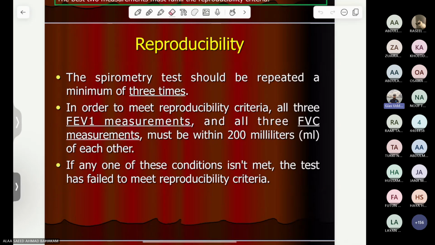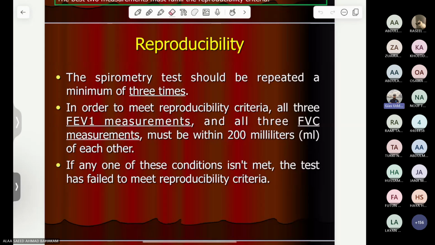And then when we are doing this, we will do it 3 times, repeated a minimum of 3 times. And from these 3 times, it has to be reproducible. How do we know it is reproducible? In order to meet the reproducibility criteria, all 3 FEV1 measurements, FEV1 being the forced expiratory volume in 1 second, and all 3 FVC measurements must be within 200 milliliters of each other.